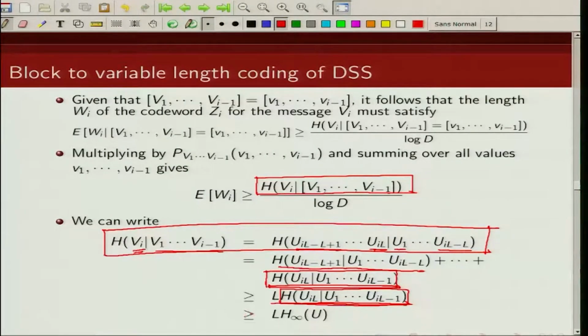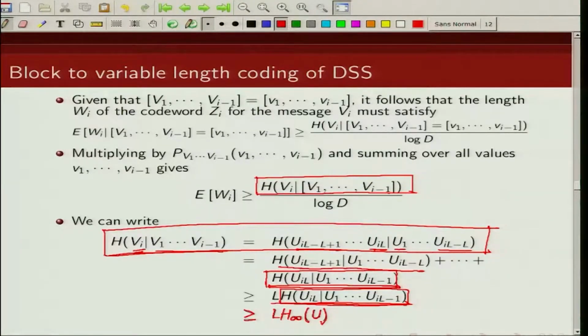Then we can further write that the uncertainty in Vi given V1, V2, up to Vi minus 1 is greater than or equal to L times the entropy rate. All right.